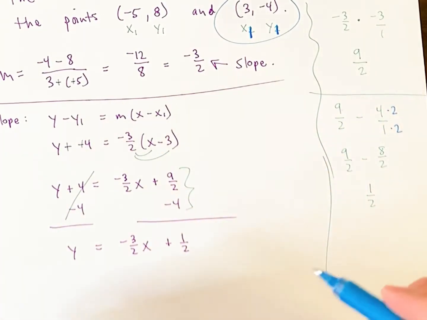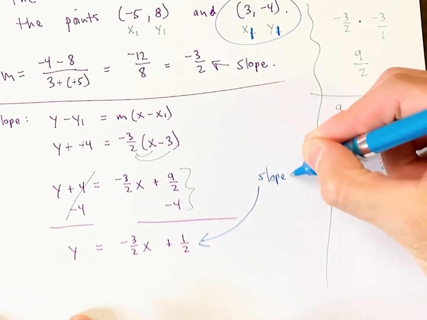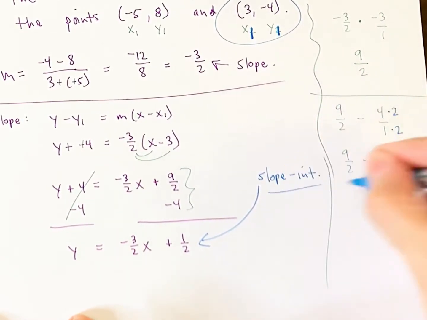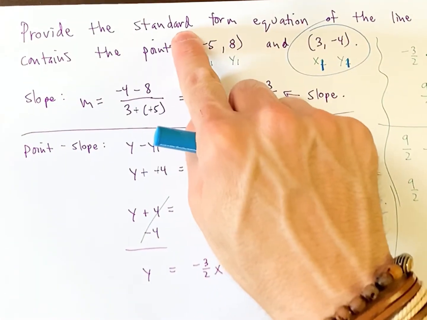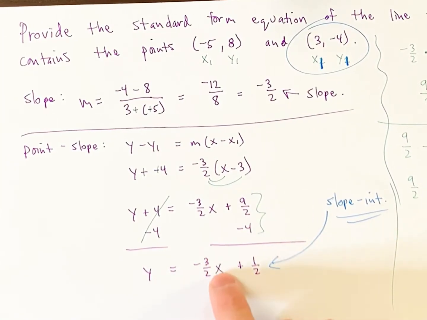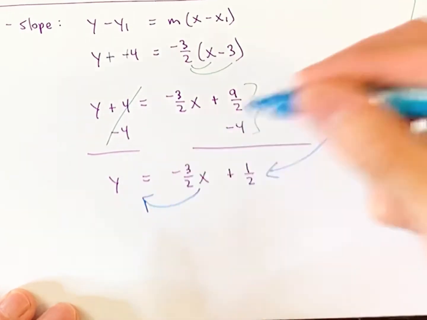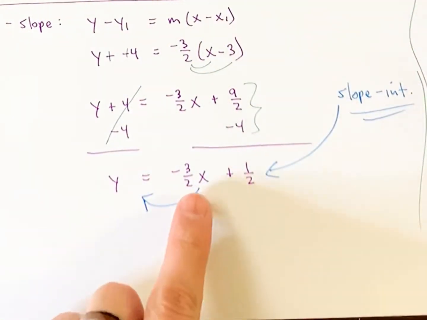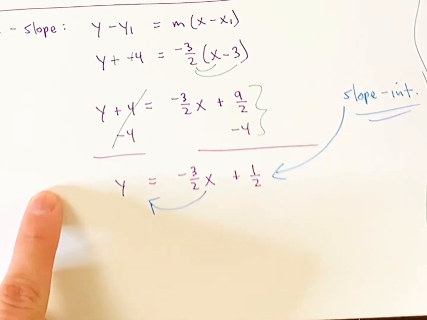And now I do wish to remind you that what we currently have there is slope-intercept form, right? But our goal is standard form. And so for standard form, you have to make sure that the x's are on the other side. So this piece has to be moved to the left-hand side. Now, if this piece is negative on the right, it's going to be, of course, positive on the left.